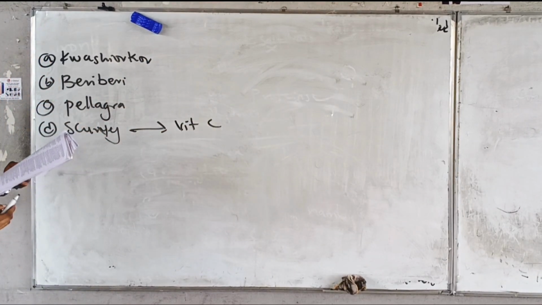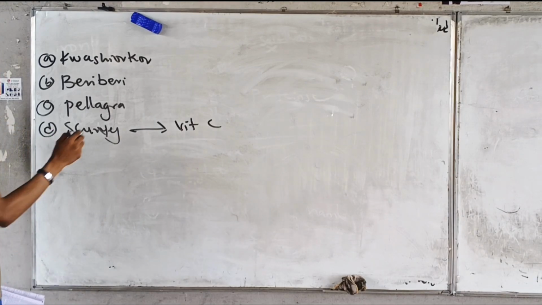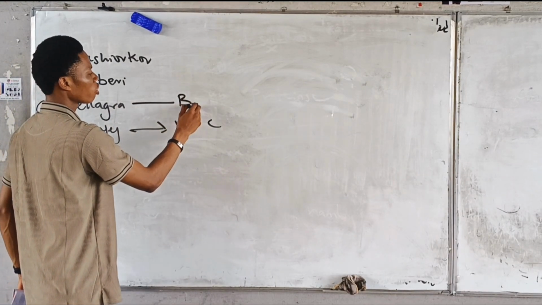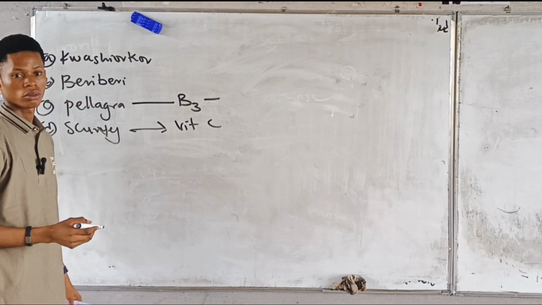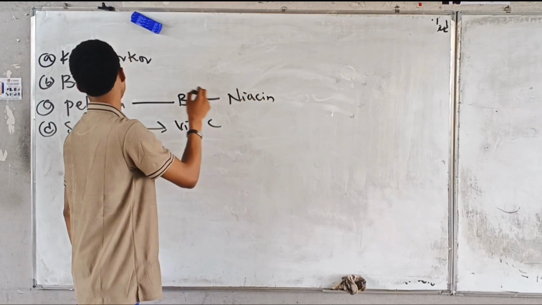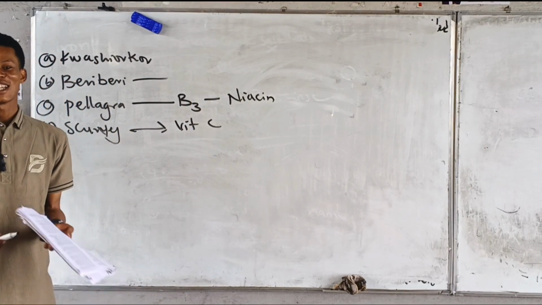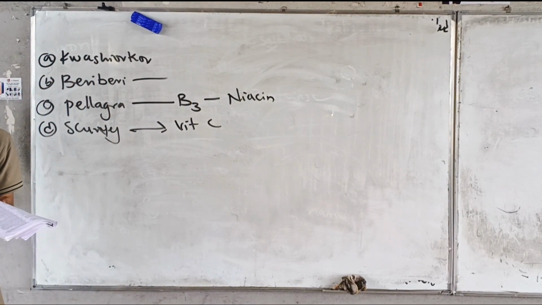What of pellagra? Vitamin B what? Vitamin B3. Another name for B3 is what? Niacin. Beriberi is deficiency of what?